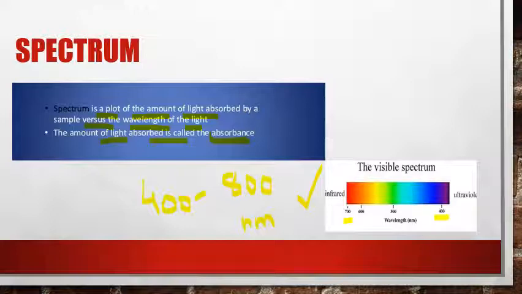So we can easily understand these visible spectra, and a particular wavelength in this range absorbed by the sample can give the absorption spectra. So this is the visible range, and we will talk about more ranges of radiation. This is the simple spectrum.